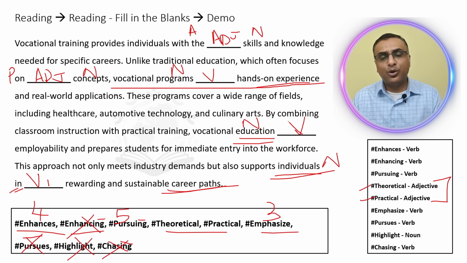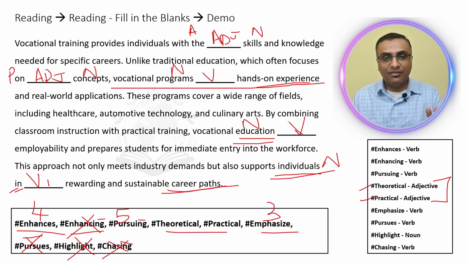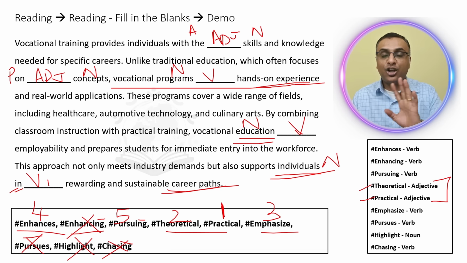What is vocational program? If you don't know what vocational program is all about, here you have the clue. Vocational programs give importance to hands-on experience. What is hands-on experience? That is nothing but practical experience. So this will be your first blank, and the next blank is an adjective which is nothing but theoretical. So theoretical concepts.